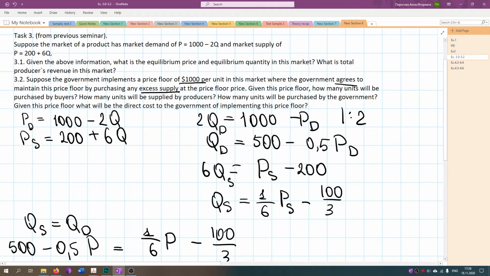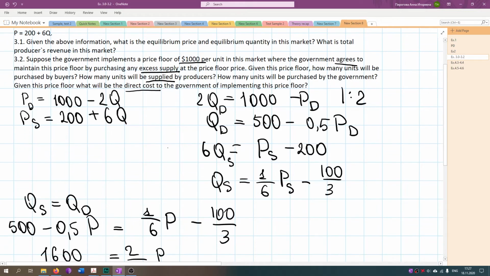And we need to find how many units will be purchased by buyers, how many units will be supplied by producers, how many units will be purchased by the government, and find the direct cost to the government of implementing this price floor.